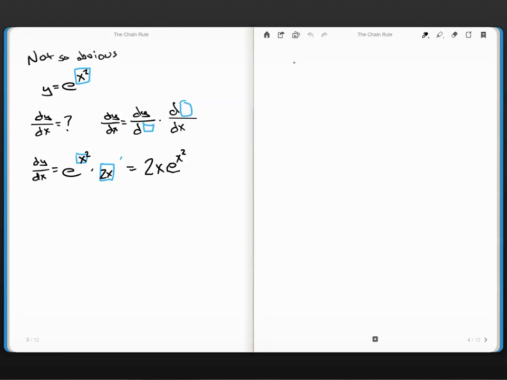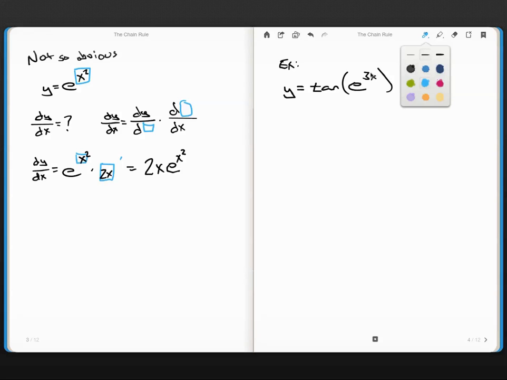Right? A little more complicated example. Let's look at this one. Another example, y equals, let's say, the tangent of e to the 3x. Wow. All right, so we've got actually three functions here. We've got our blue box, which is our little inner function here.